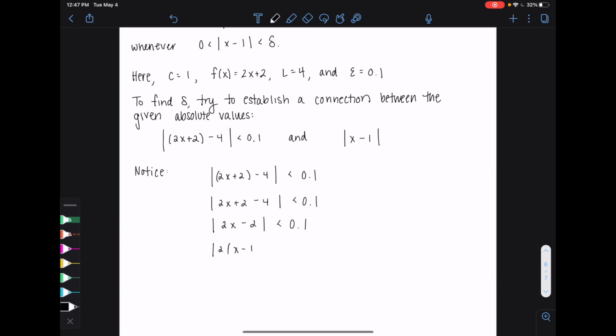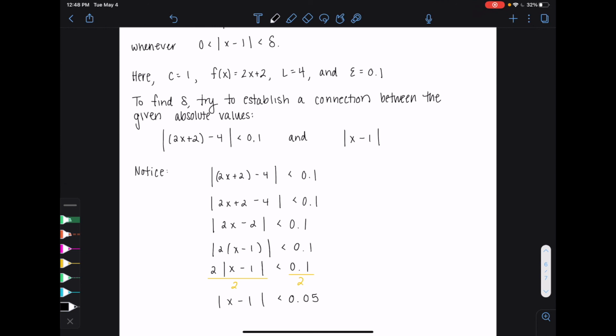We can pop that out to give us 2 times x minus 1. And then one nice thing about absolute values is you can take the absolute value of each individually. And notice what we get, the absolute value of x minus 1. So if I divide this side by 2, I have to do the same thing over here. This tells me the absolute value of x minus 1 needs to be less than 0.05.